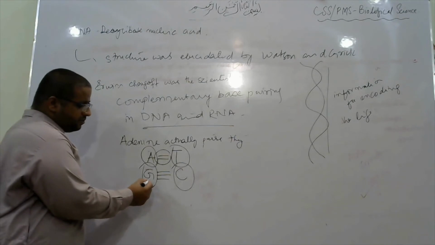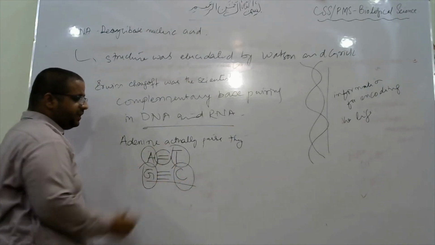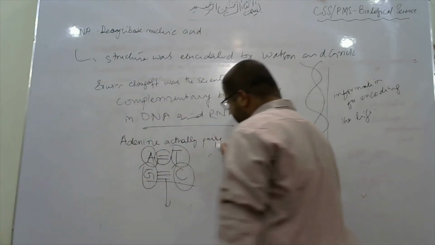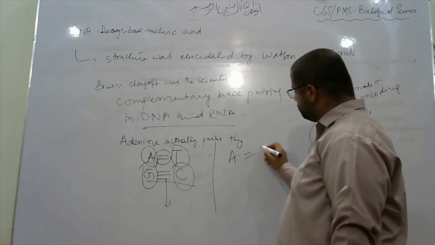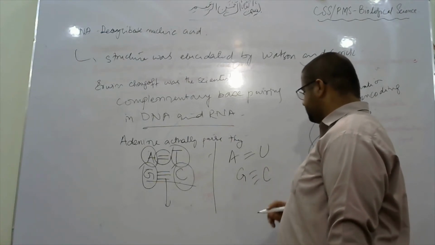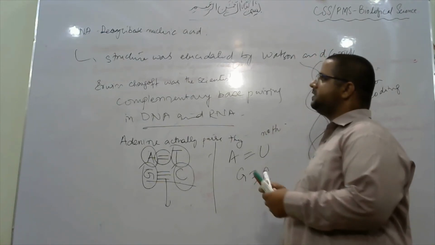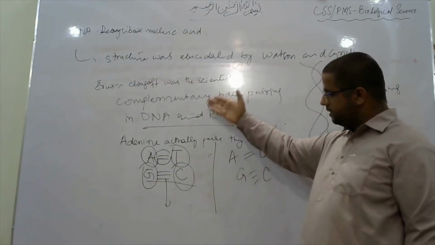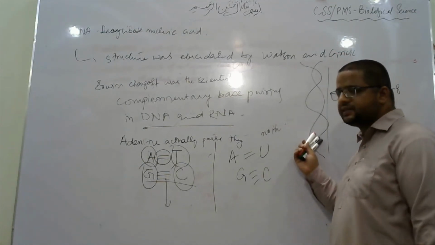So guanine binds with three bonds to cytosine, and adenine binds with two bonds to thymine. These are hydrogen bonds. In case of RNA, adenine binds to uracil with two bonds, while guanine binds to cytosine. There is no thymine in RNA. This prediction led to the discovery of the DNA structure, which is a double helix.